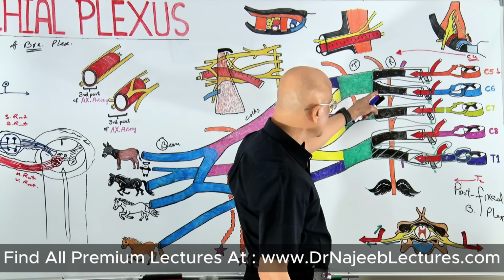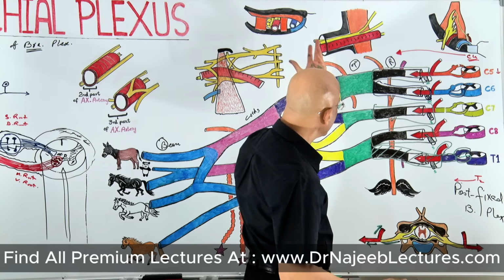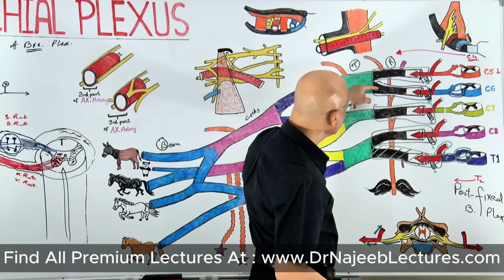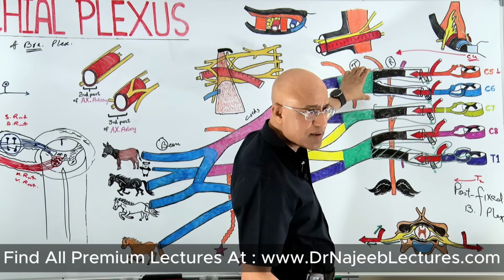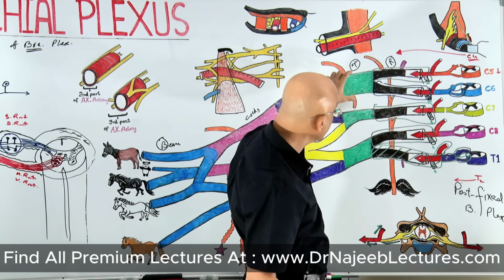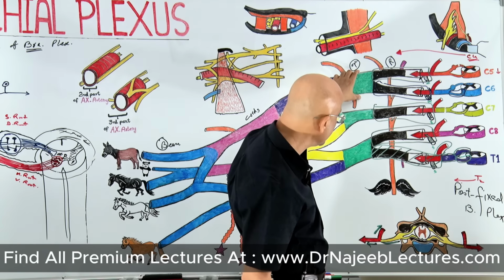They fuse with each other. I don't know, it's some sort of mating or loving or what, I don't know. But anyway, C5 and C6 love each other so much that they make a united front, a united bundle, right? So this bundle is the upper trunk of the brachial plexus.